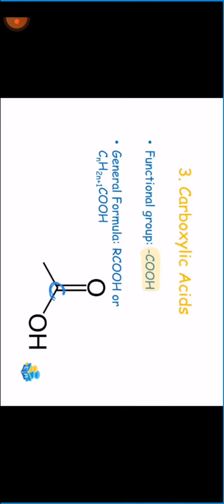So that's important to look out for. Also, the general formula is CnH2n plus 1 COOH, where COOH is your functional group and CnH2n plus 1 is your alkyl chain, and n is the number of carbons in your chain.